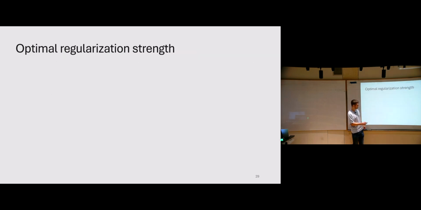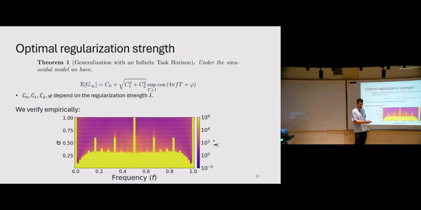We found that in the single teacher case, lambda star scales as t over lambda t. It is a sanity check, because we expect lambda star to go to infinity in those cases. An interesting regime is that whenever alpha goes to 1, lambda star decreases. Why is that? Because whenever alpha goes to 0, the current task holds only limited information about the current task, so it makes sense to use a higher regularization strength.